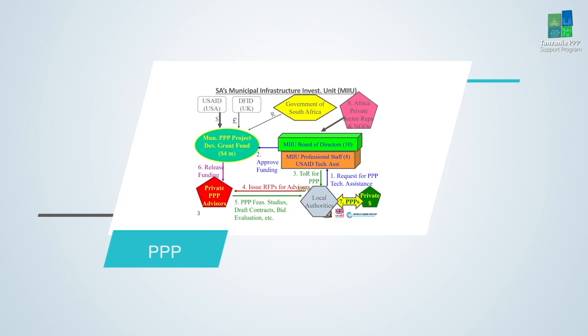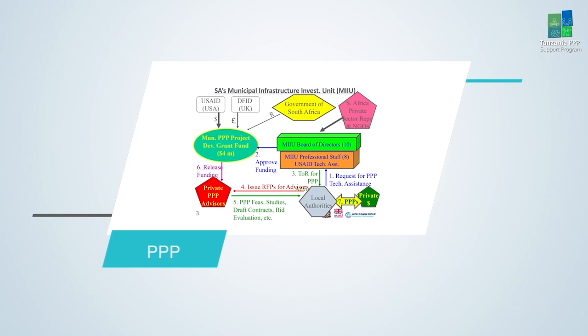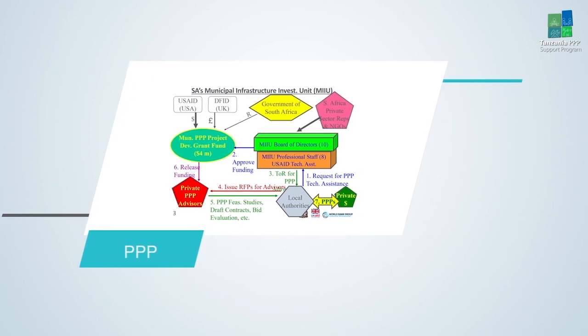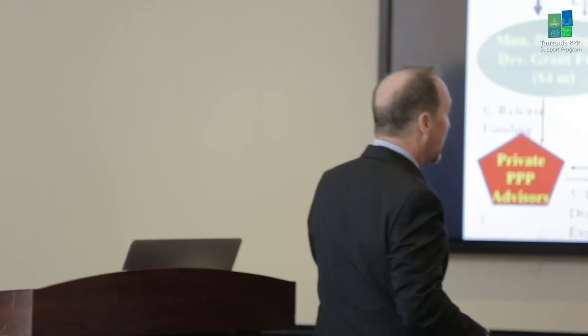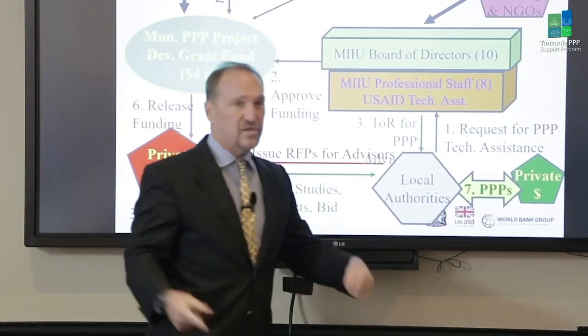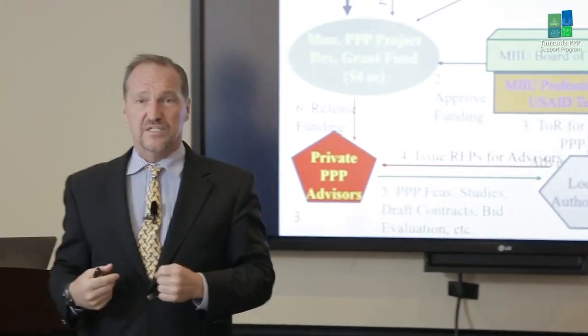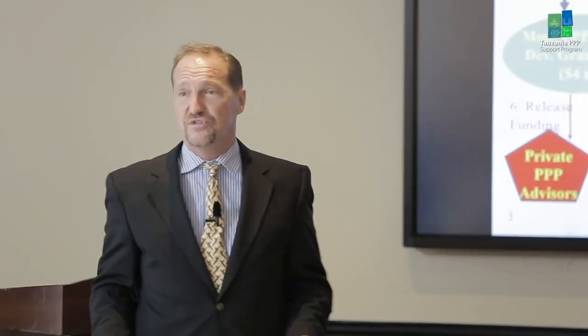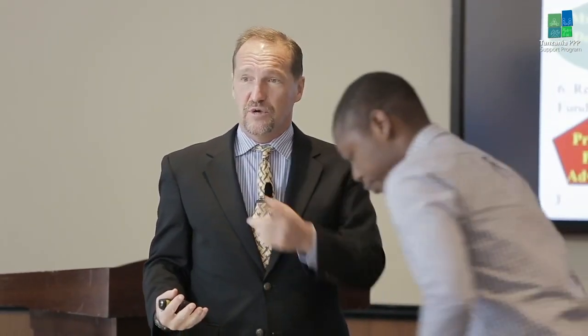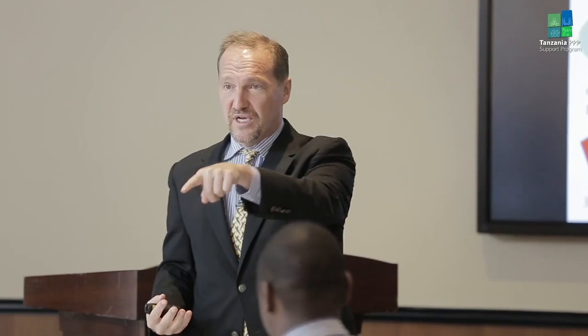Local governments are the ones who have the needs, with limited capacity and limited funding. But they are the ones who will identify and select their own projects. So we say that this was a demand-driven approach. Nobody was telling local governments, here's a project that you need to do as a PPP. It was up to them to decide if they wanted to or not.